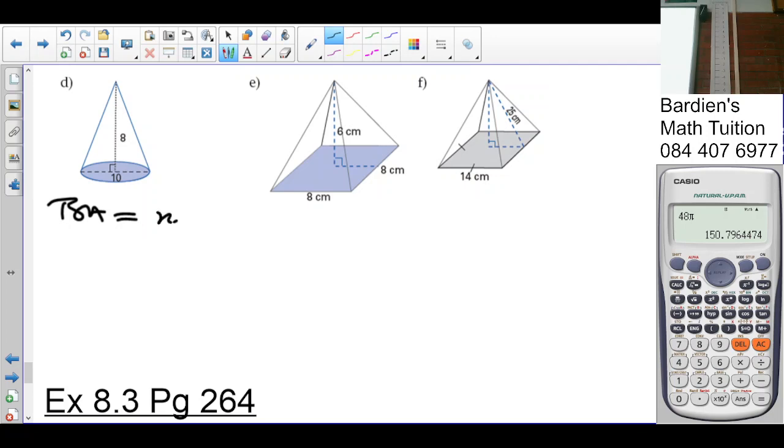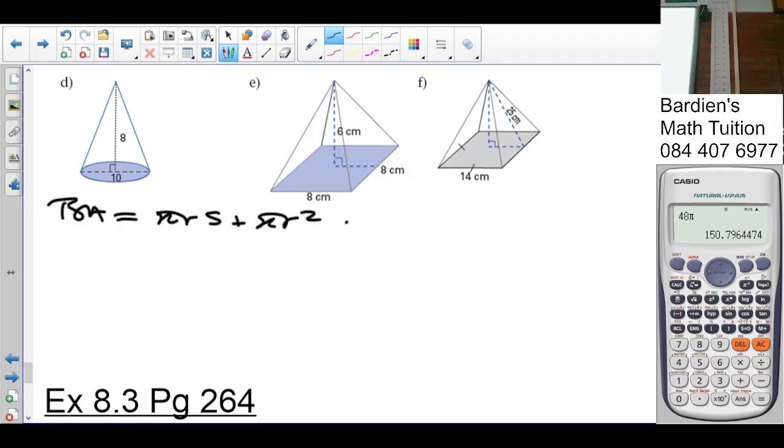So it's going to be pi r s plus pi r squared. Okay. You would agree with that? It will be pi, your radius, if your diameter is 10, your radius is 5. So it will be 5, your slanted height, we don't know. So let's work that out first.